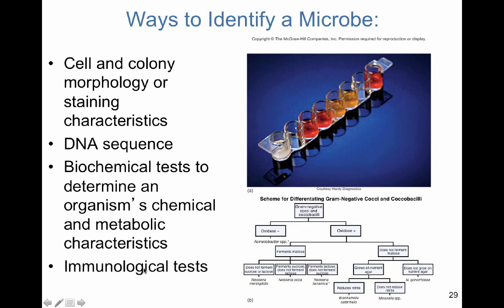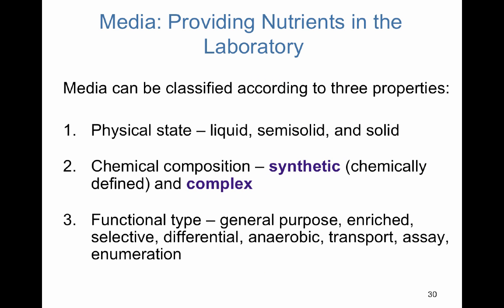For example, if you are infected with a specific microbe that is displaying a streptococcal antigen, you could apply the streptococcal antibody to see if there's a positive reaction. So this would be an example of an immunological test. ELISA is an example of this. Even blood typing utilizes the concept of immunological reactions.